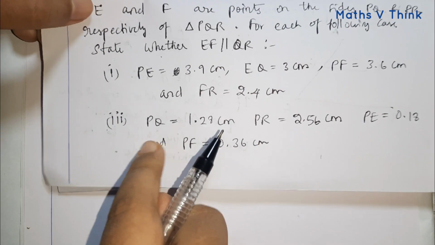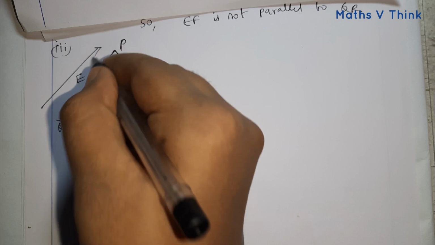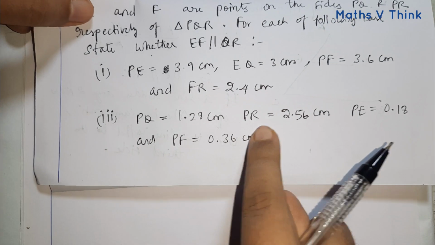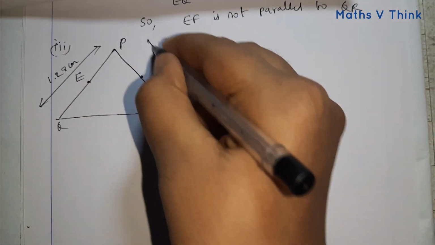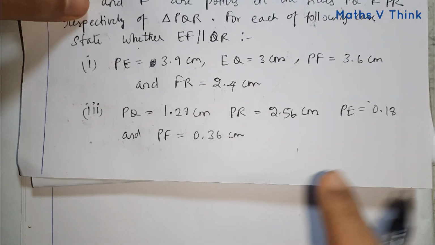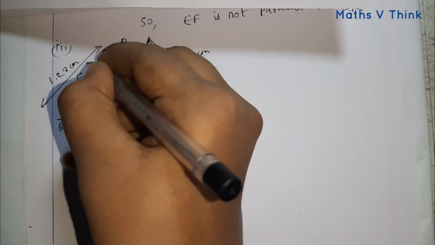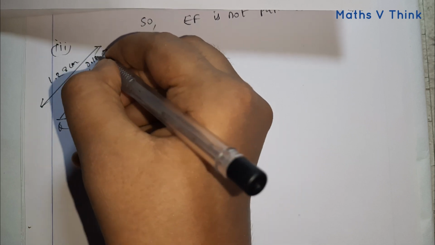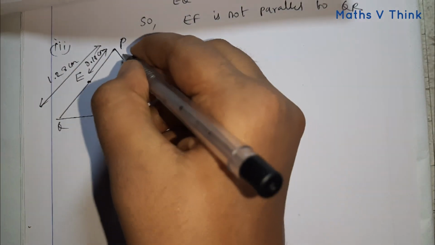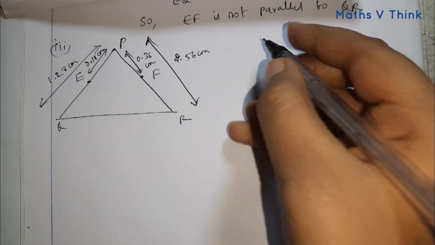So in this information they gave PQ is 1.28 centimeter and PR is 2.56 centimeter and PE is 0.18 centimeter and PF is 0.36 centimeter.